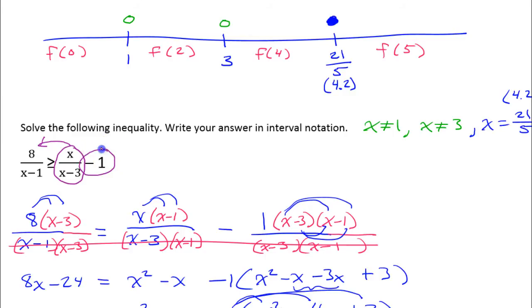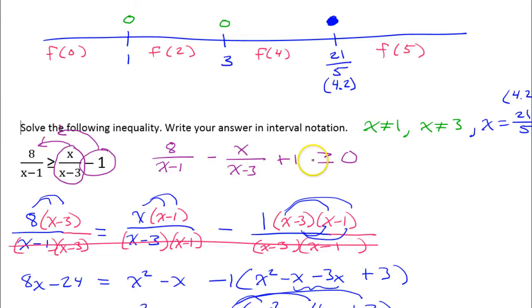And I'm going to take this -1 and move that over to the left. When I subtract these things, or add them in the case of the -1, when I move them to the other side, they're going to change signs. So the equation will become x over x minus 1, and then minus x over x minus 3, and this is going to become a plus 1 on the other side. And then I have my greater than or equal to 0.